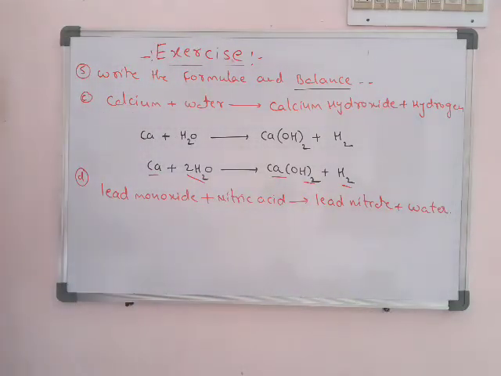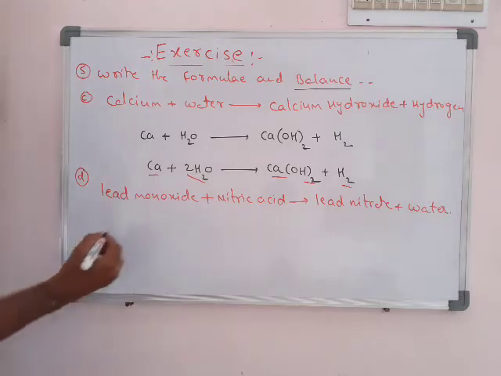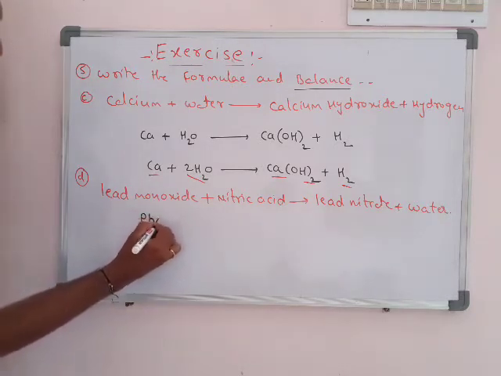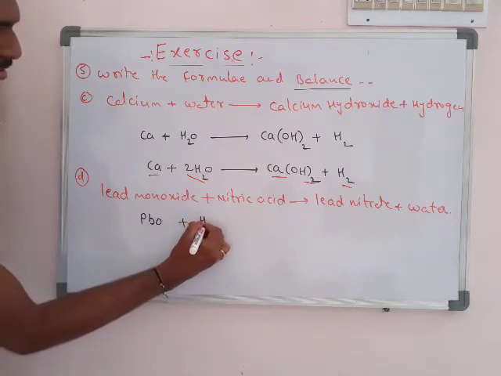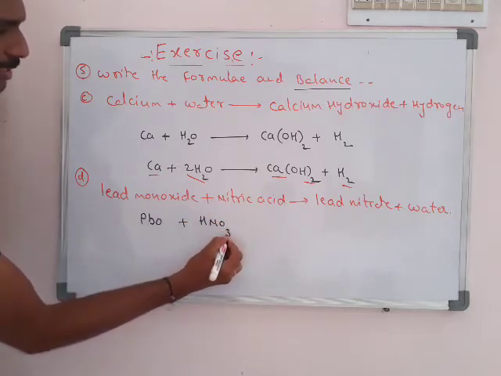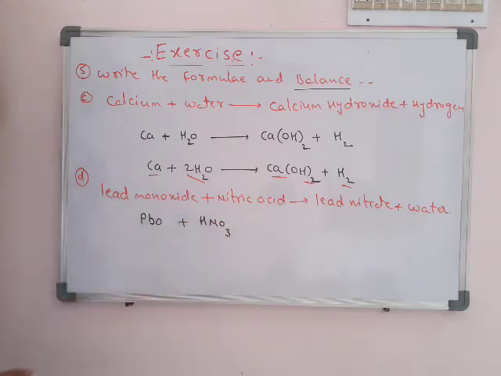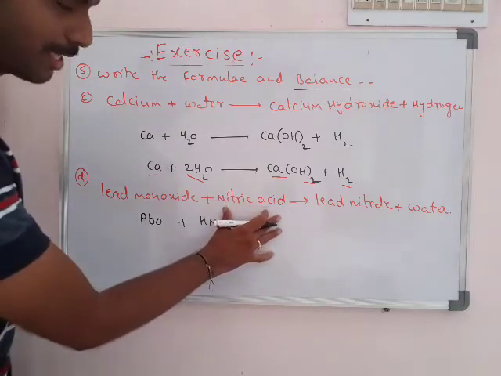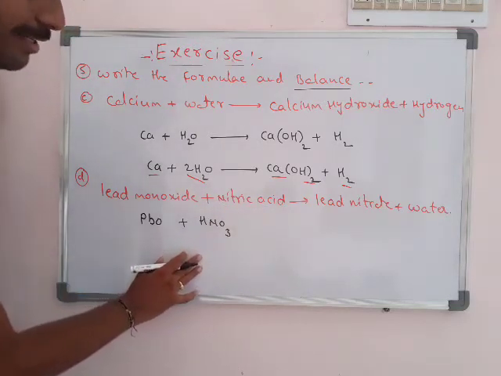Okay, so what is the lead monoxide? Mono, the number we use for 1. Lead monoxide is PbO. Nitric acid means HNO3. It can be written as hydrogen nitrate, but the common name of HNO3 is nitric acid.